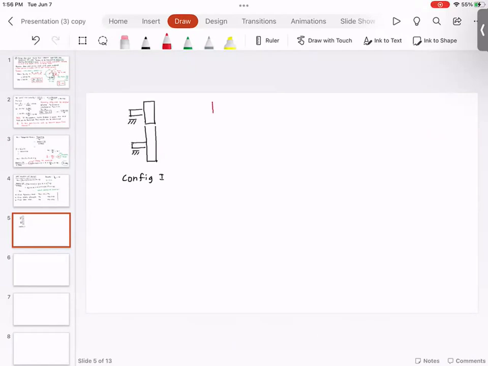You can have the pinion shaft, you can have the gear shaft, this is config 2.